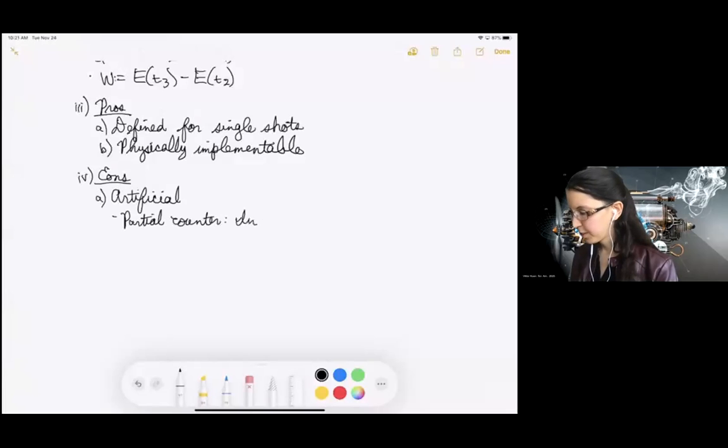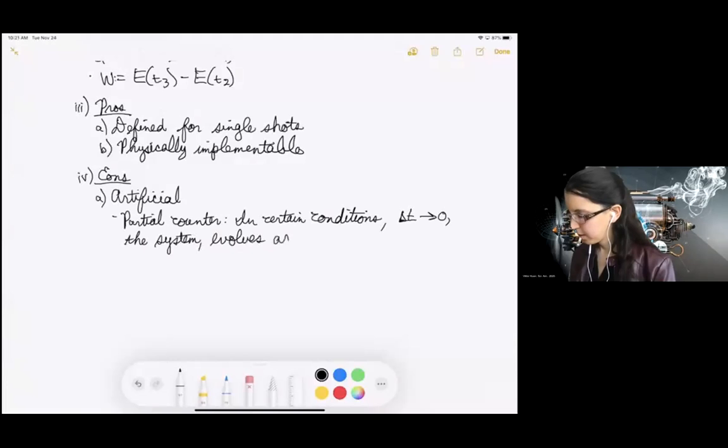Under certain conditions, if you let the difference between those special times go to 0, then the system evolves according to a master equation.